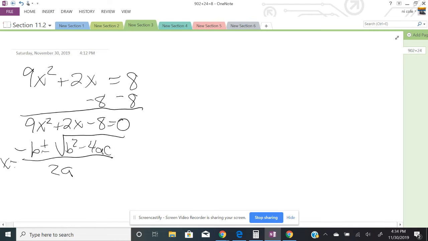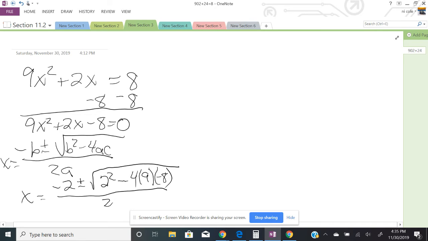So x is equal to negative 2 plus or minus the square root of 2 squared minus 4 times 9 times negative 8, all over 2 times 9.